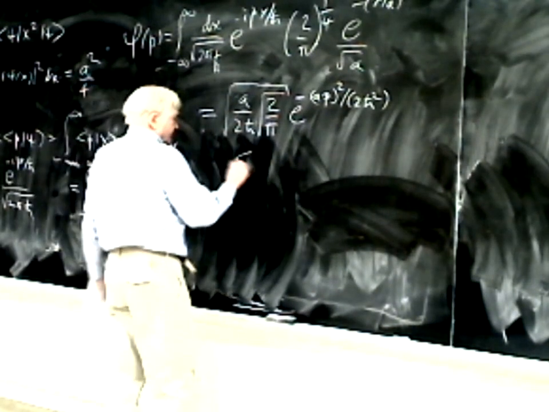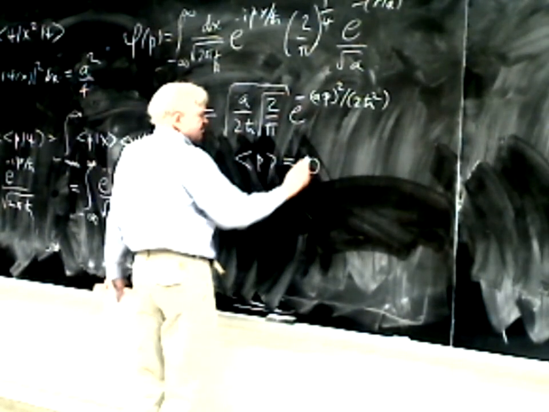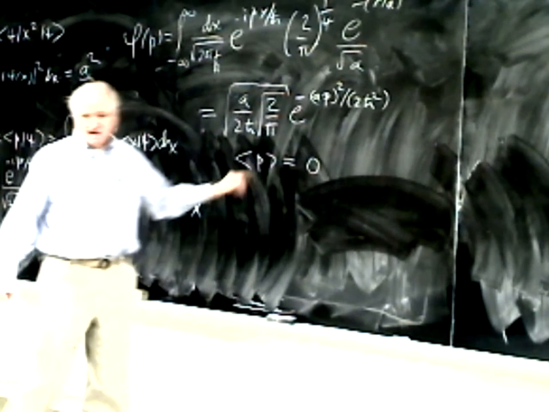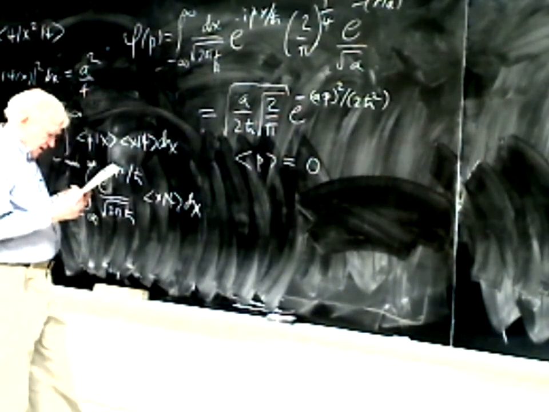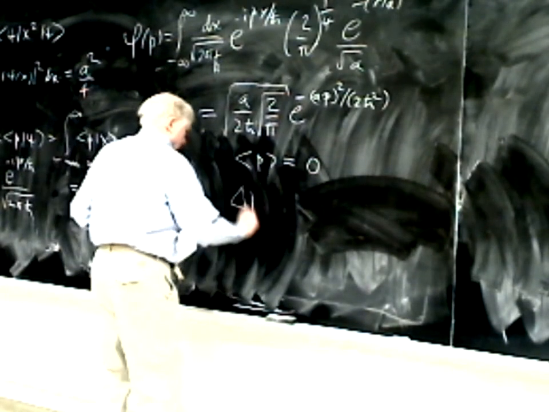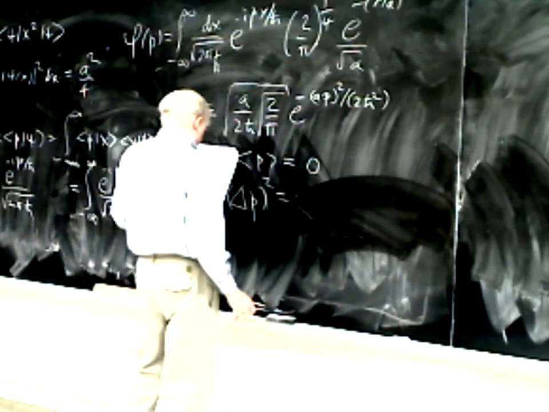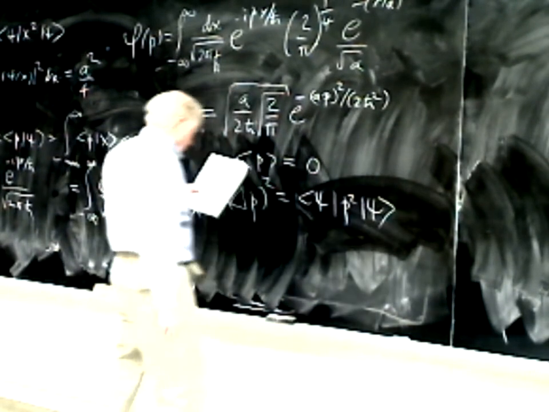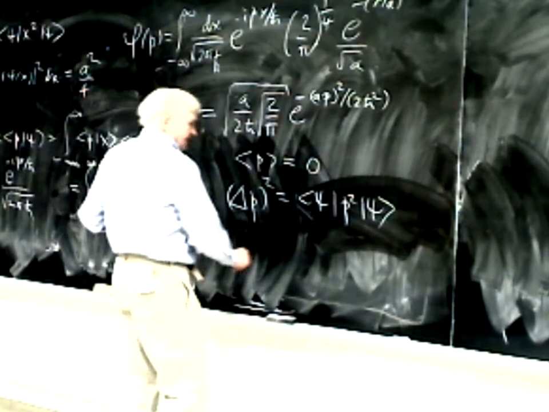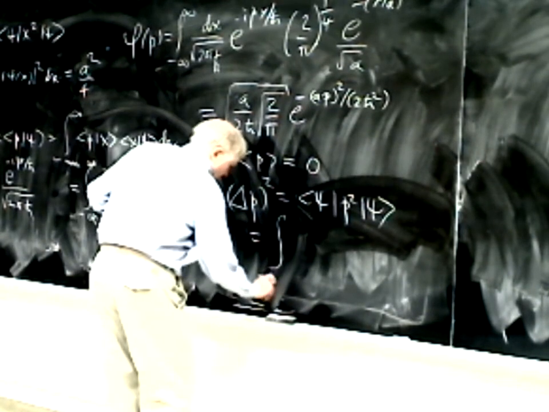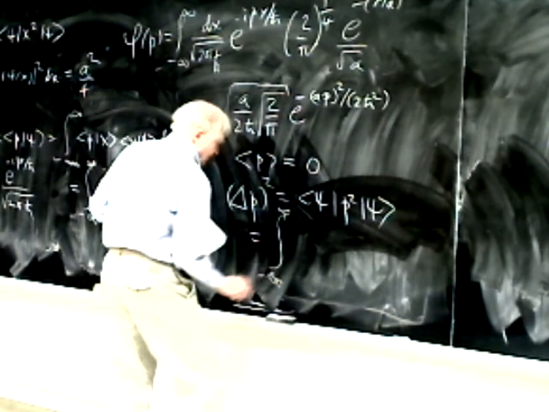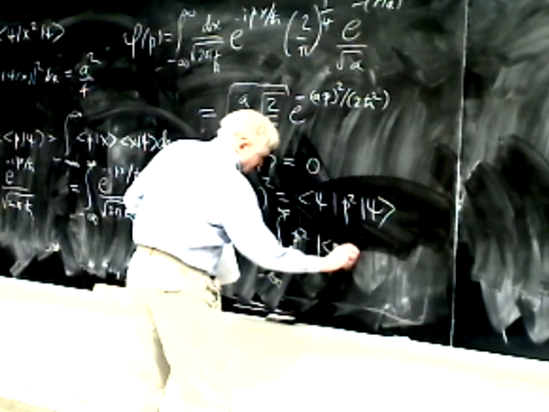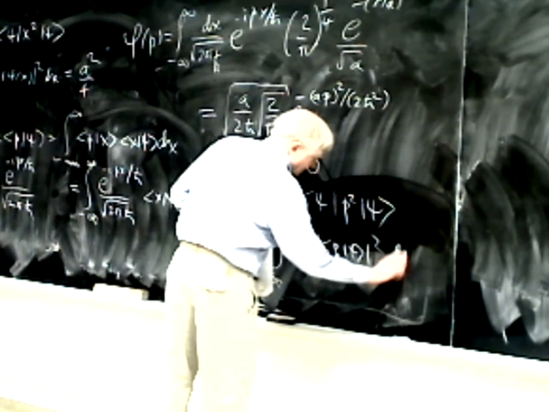So the mean value of p is certainly 0 because, once again, this is an even function. P is an odd function. So delta p squared then is simply psi of p squared. It's the same thing as p squared in the state psi. And this is the integral from minus infinity to plus infinity of p squared times the absolute value of psi of p squared dp.